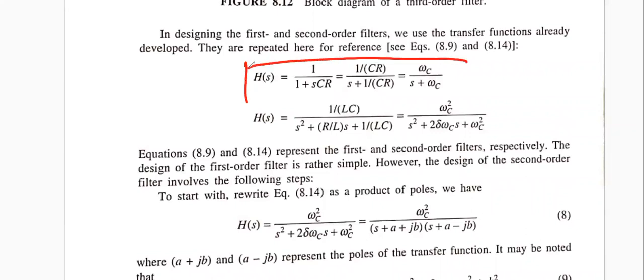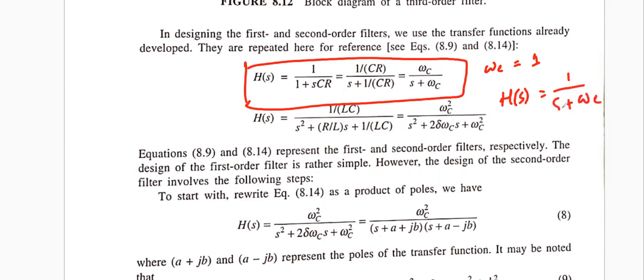If you can recall, this is for the first order filter, where if omega c is equal to 1, then we can write H(s) is equal to 1 divided by s plus omega c.